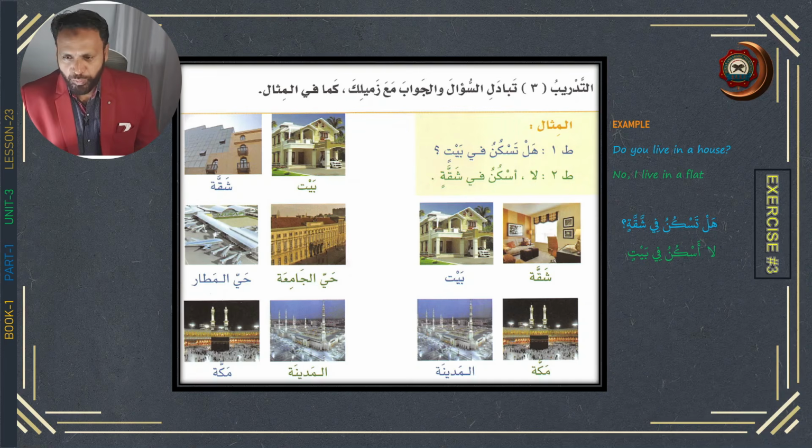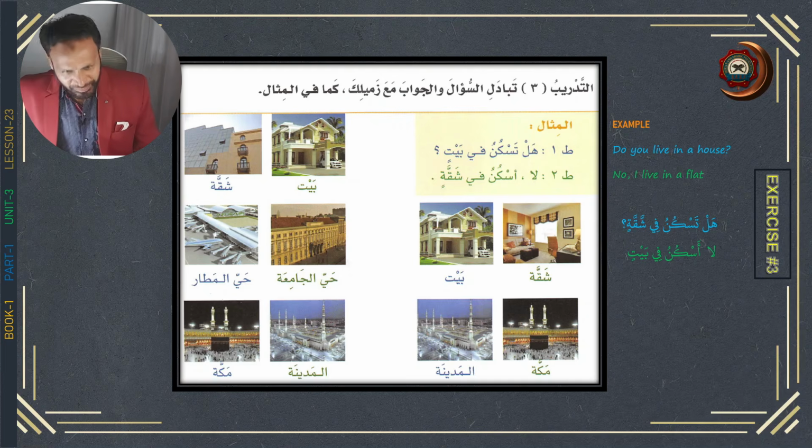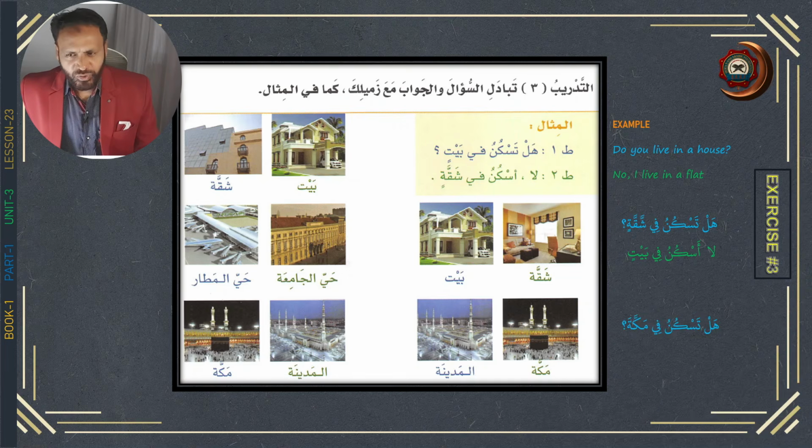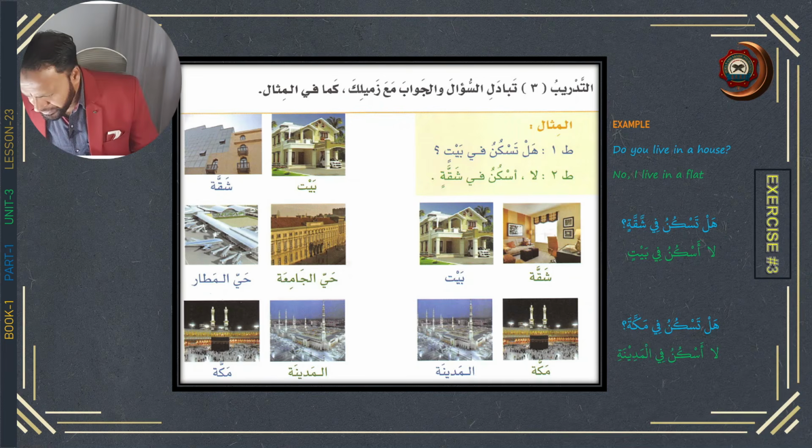So even if you want to pronounce it, you have to say fi Makkata, no tanween, no kasra. But the safest way is just to say hal taskunu fi Makkah. That's the safest. Okay. La askunu fi Madinati. Do you live in Mecca? No, I live in Medina. Okay, fine. Then who else is left?